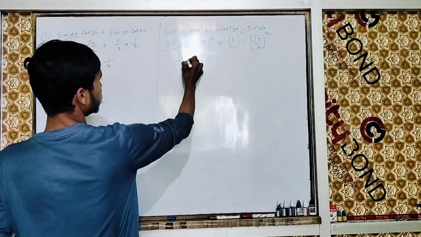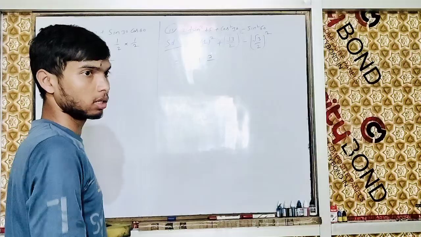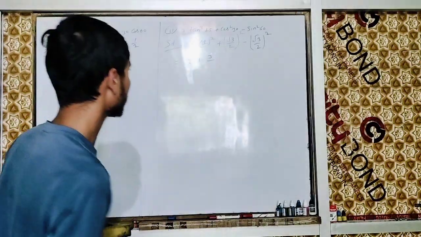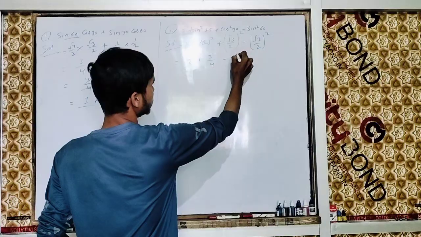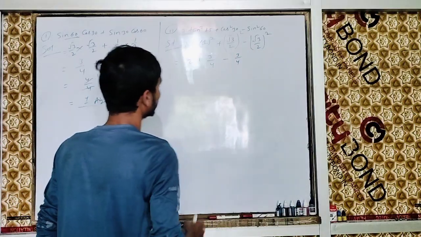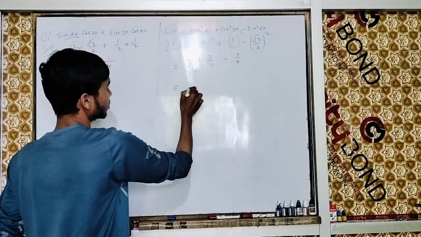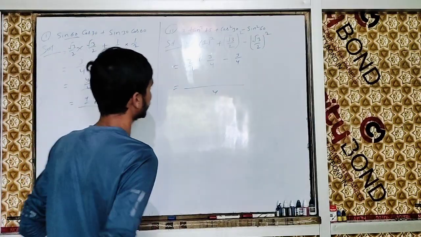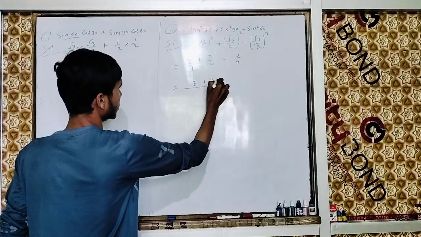2 1s are 2 plus 3 3s are 9, 9 is the perfect square of 3. 2 2s are 4 and minus 3 3s are 9, same here upon 4. We have a fraction, just simplify it. 4 1s are 4, 4 2s are 8. 3 minus 3.